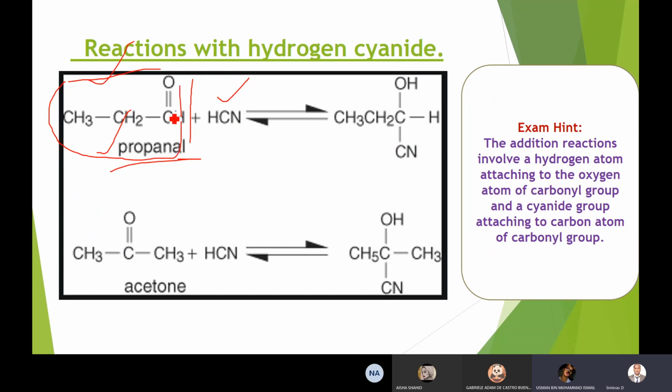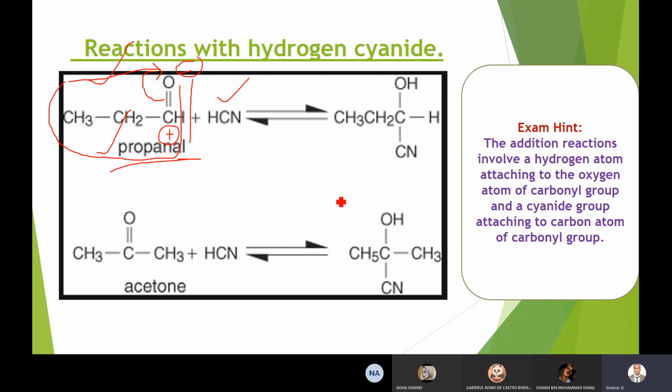There's a polarity difference between the carbon and the oxygen attached here, so electrons can move a little toward this oxygen. When electrons move onto this oxygen, this carbon develops a partial positive charge. So this carbon will act like a carbocation, and the oxygen now has a negative charge.